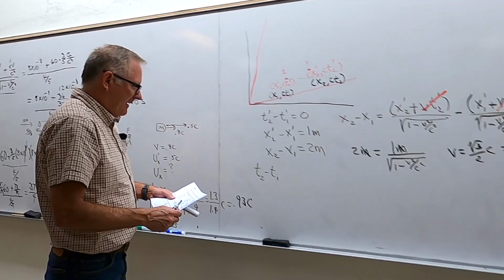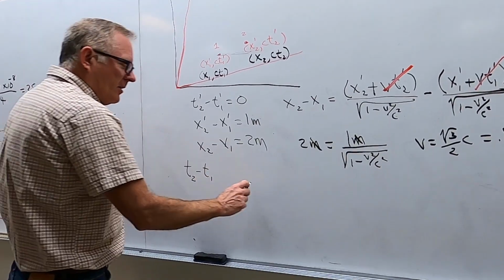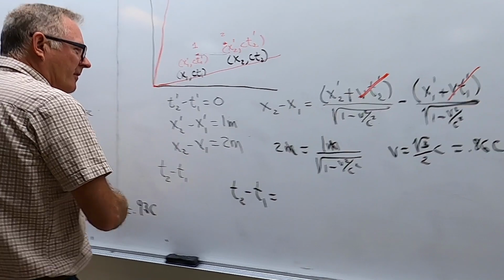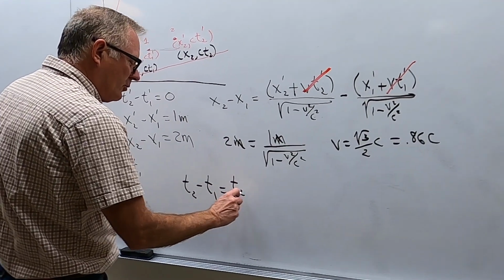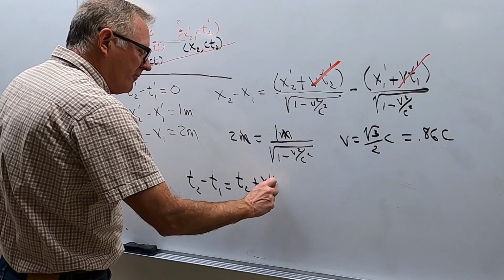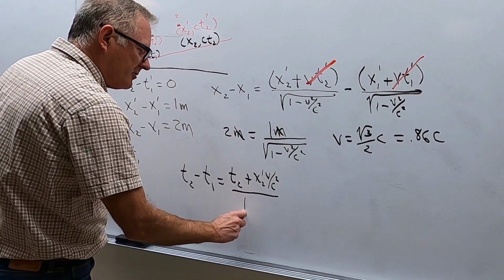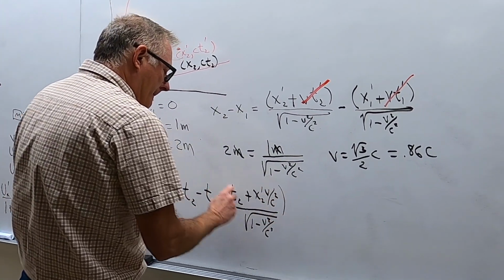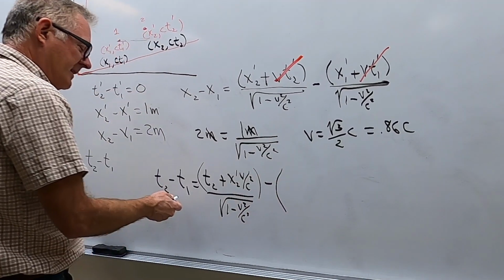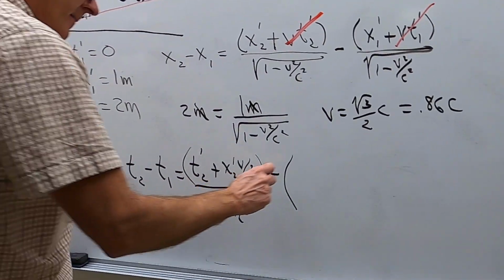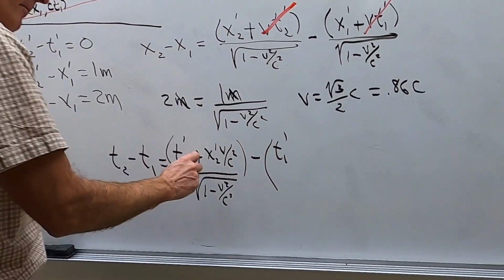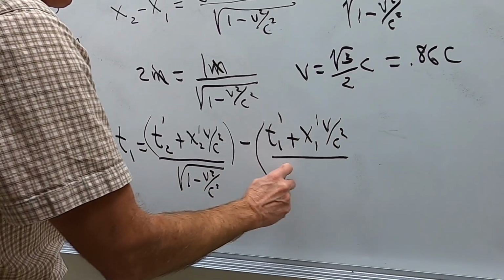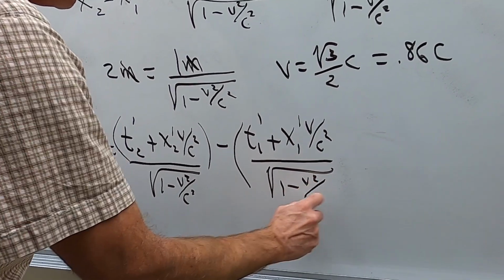But we wanted to get T2 minus T1. So now we can say T2 minus T1. Again, we're just plugging in our formula over there. This is T2 prime plus x2 prime v all over c squared, divided by the square root of 1 minus v squared over c squared, minus T1 prime plus x1 prime v all over c squared, divided by the square root of 1 minus v squared over c squared.